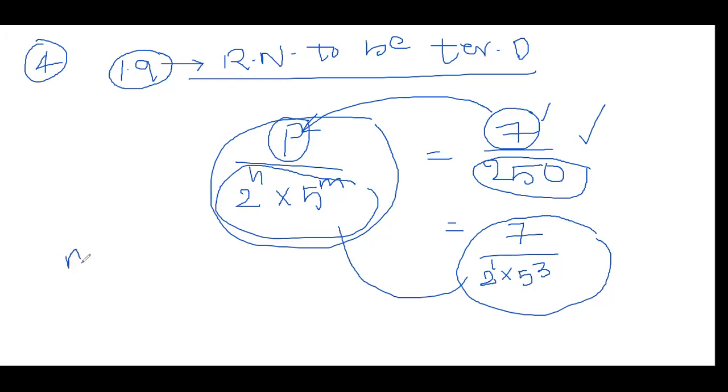Here my n value is 1 and m value is 3. If you write any given number in the form of this, then those numbers are called terminating numbers. Yes, it is a terminating decimal.